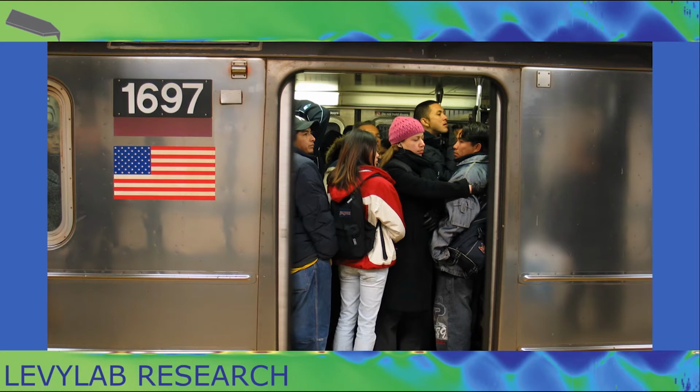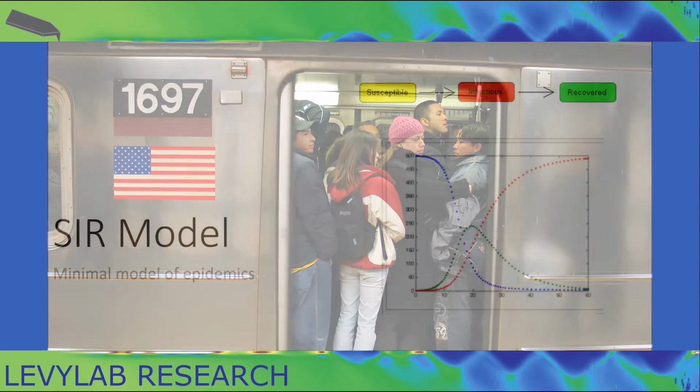So this is really a situation which can be very, very dangerous if there is a disease, because we know that COVID-19 is spread through breathing and so forth, and proximity to other people.